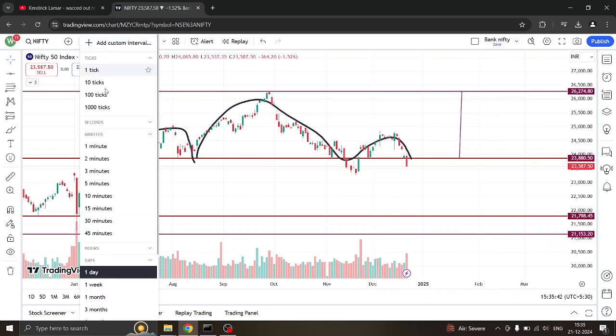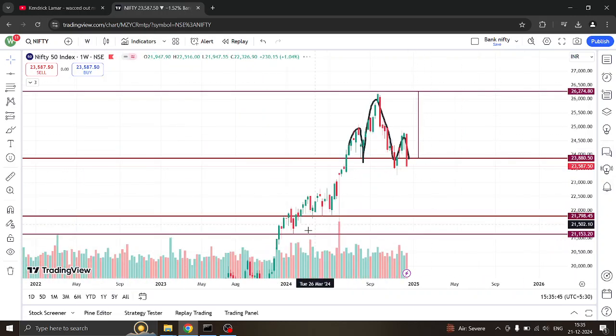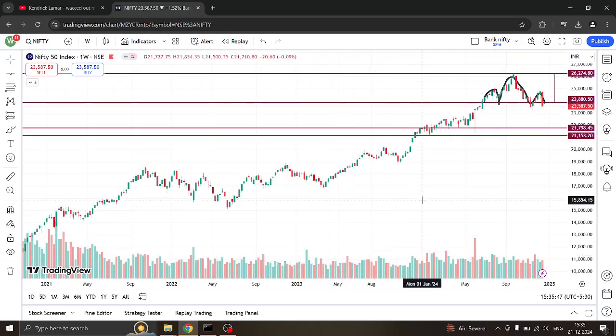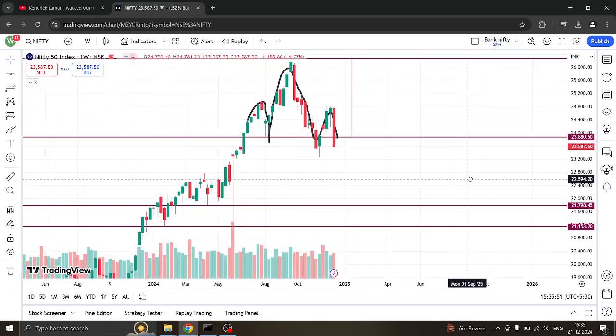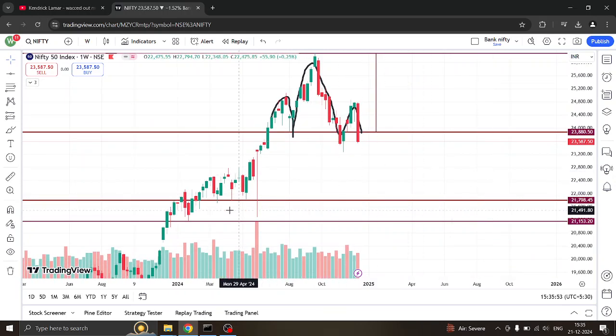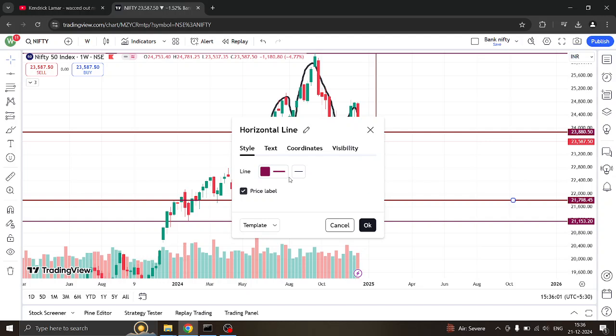How? Let's go to the weekly chart. Okay, let me zoom once again. As you can see, Nifty has been taking some support at this line, 21,798, or you can say 21,800 if you want to be more accurate. 21,800.